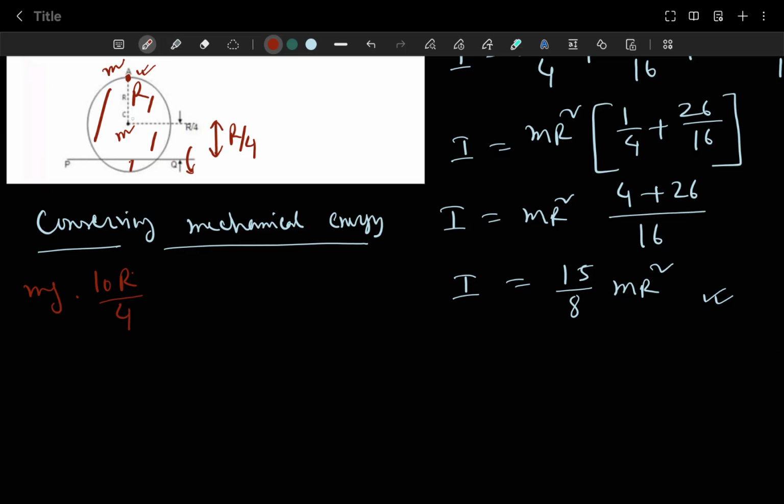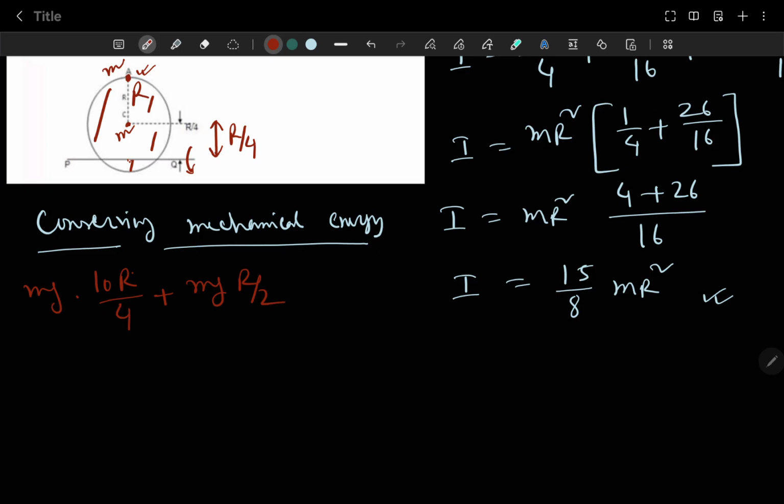Now what is it for the disk? Suppose the mass of the disk is concentrated at its center of mass, that is at the center. So it is at a height of r/4. Now when it flips, it will come downward to a depth of r by 4. So the total change in height will be r by 4 plus r by 4, that is r by 2. So the change in potential energy for the disk will be mg r by 2.